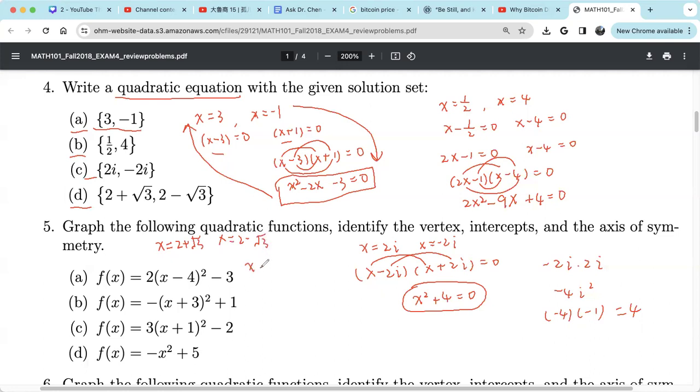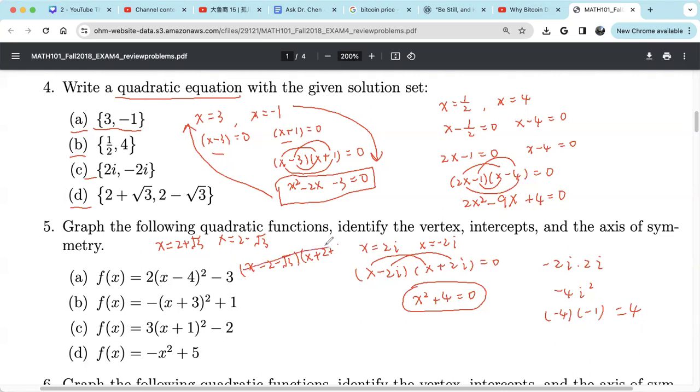That means we have x minus (2 plus radical 3) times x minus (2 minus radical 3). Then -2 minus a negative is plus, so we have x minus 1, x plus 1.